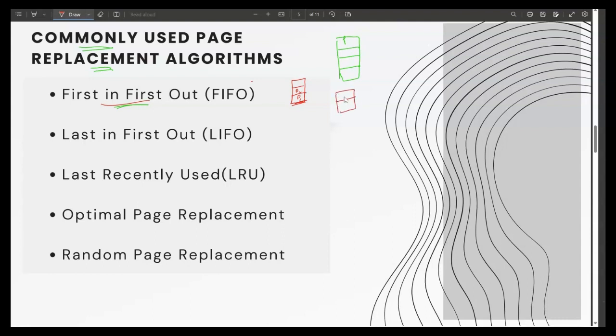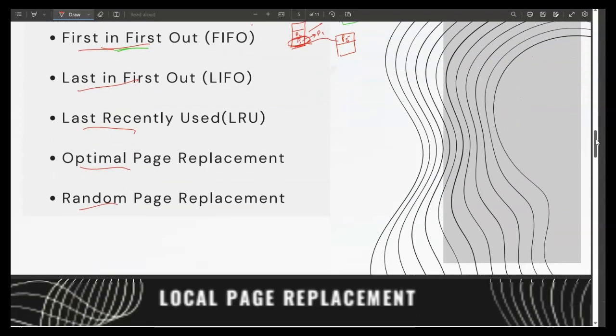Suppose we have to make space for page 5. Then P1 was the first in page, so P1 will become the victim page as per the first in first out algorithm, and in place of P1, page P5 will be swapped in. Then there are last in first out, as the name suggests, least recently used, optimal page replacement and random page replacement. These are the commonly used page replacement algorithms.